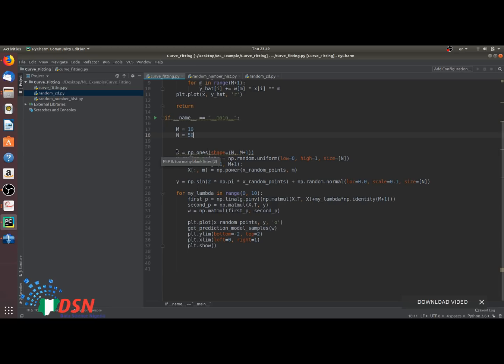Then this is our data. We initialize them with ones, and actually we put all of the sample points in a matrix.